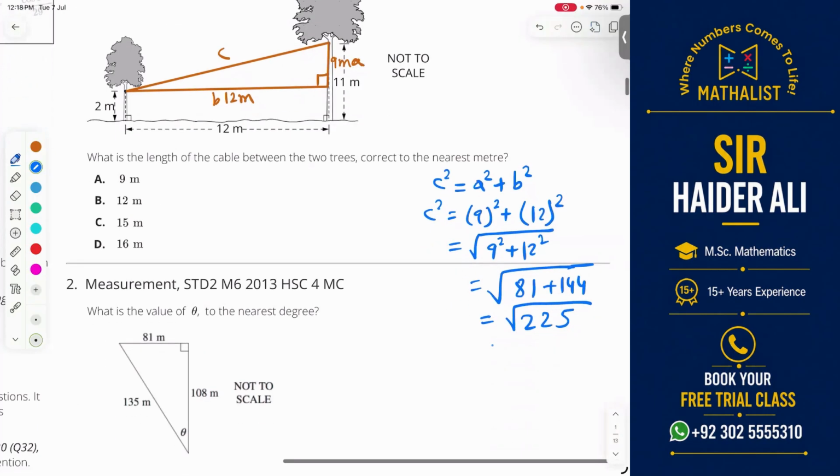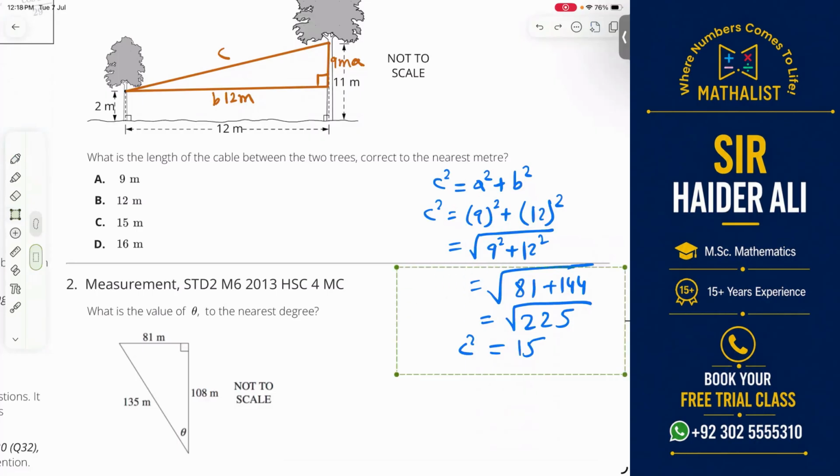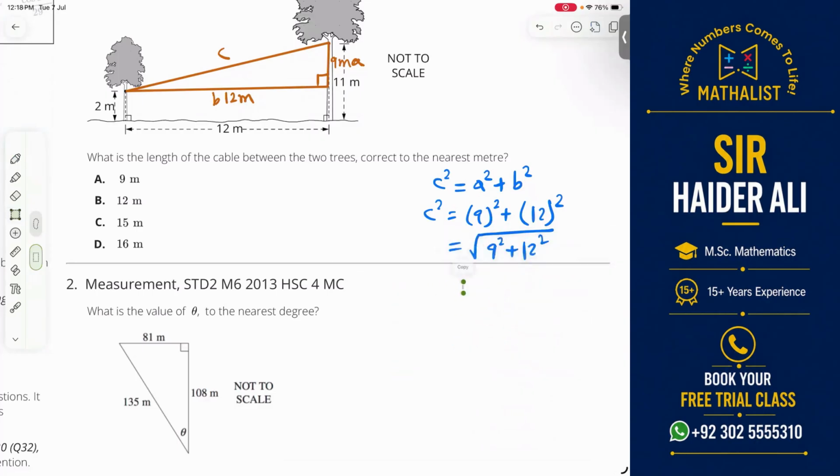And when you apply the calculator, it will be 15. You can apply the calculator here. No need to do all these steps. When you do it with the calculator, the answer will be 15.